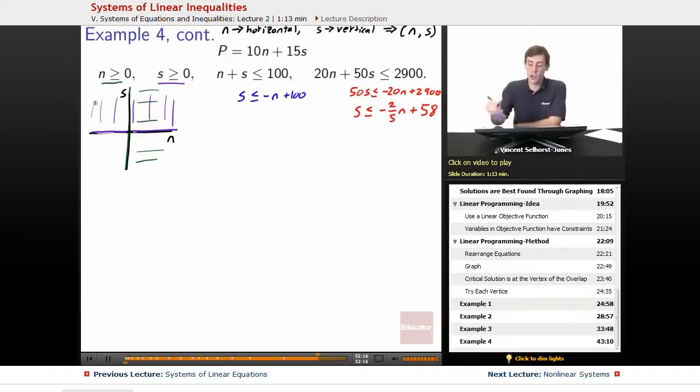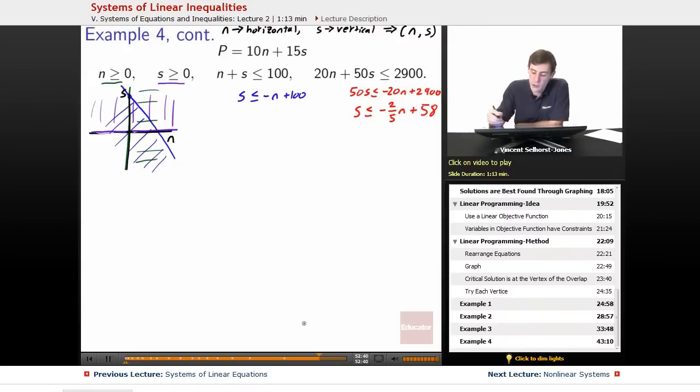Now, the interesting parts are actually going to wind up being S less than or equal to negative N plus 100. So we can just get a good sense of this. Let's say 100 is up here. At negative 1, it marches down like this, a 45-degree angle. We know that S has to be less than or equal to negative N plus 100, so it will be below this.